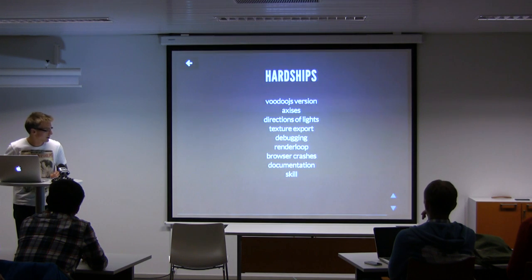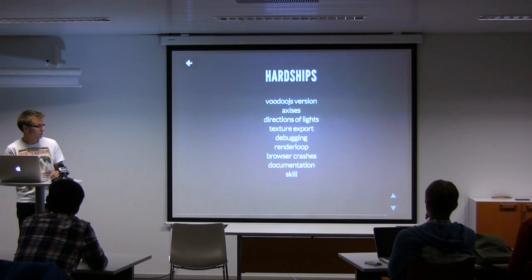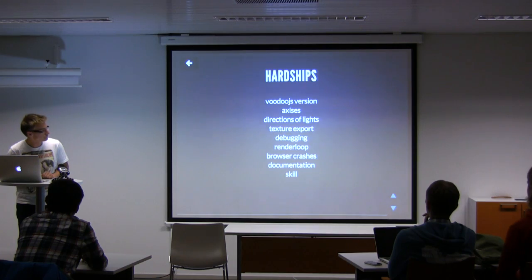The documentation of Voodoo.js is okay for the API itself, but if you end up with some problems, it's just impossible to find any help. And then the last problem here was our skill with 3D modeling and everything related to that.